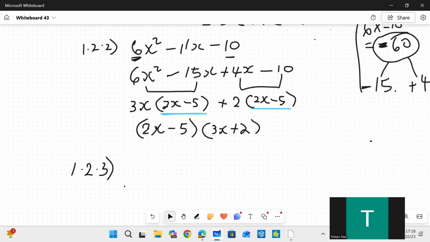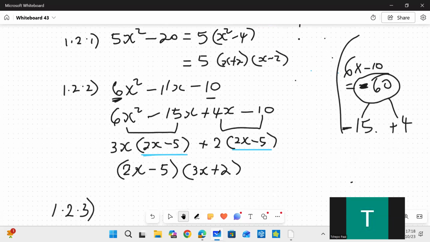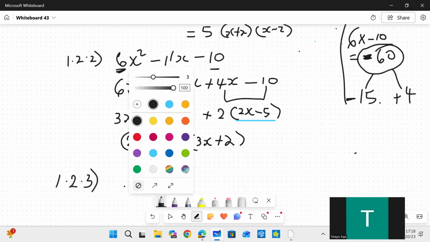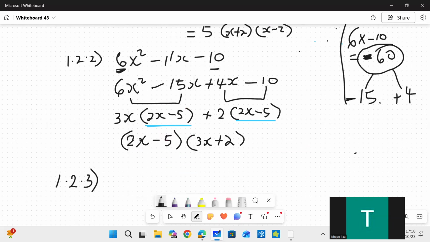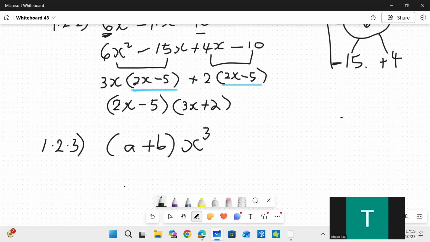Now, let me write it down here: a plus b x cubed, minus ay cubed, minus by cubed.